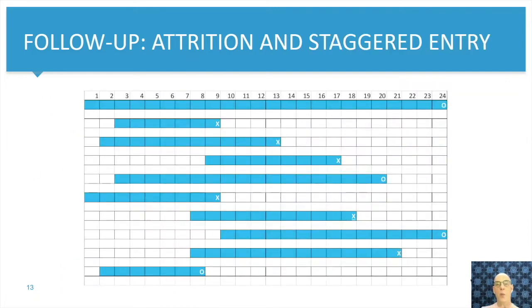So then what are we going to do when there is not only attrition in our cohort, so there are people lost to follow-up, but also people entered the follow-up at completely different stages, as denoted here. There are some people who are in follow-up right from the start, or there are people who enter the cohort much later.